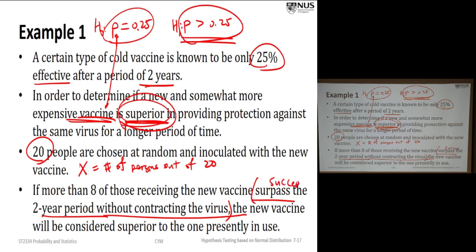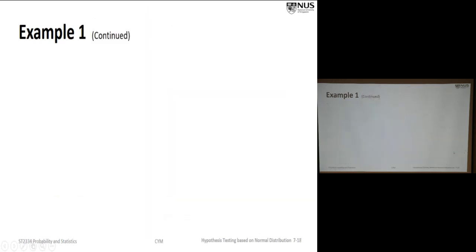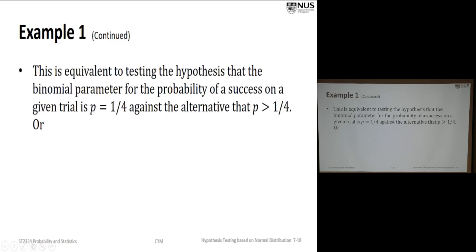So 8 out of 20 are successes. If there are more than 8 successes out of this 20, then we'll consider the vaccine is better. So this is equivalent to testing the null hypothesis against the alternative hypothesis.